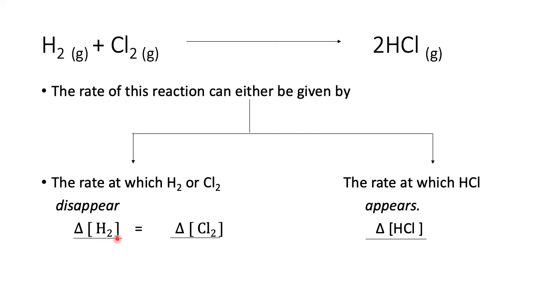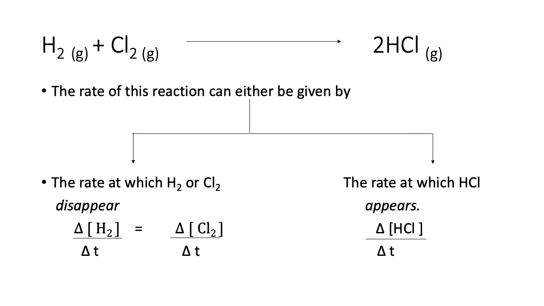Concentration in what units? We shall be talking about that a little later. So we are talking about the change in the concentration of hydrogen, or, again, delta means change, the change in the concentration of chlorine, or the change in the concentration of HCl, and with respect to what? Yes, we are measuring this change with respect to time.